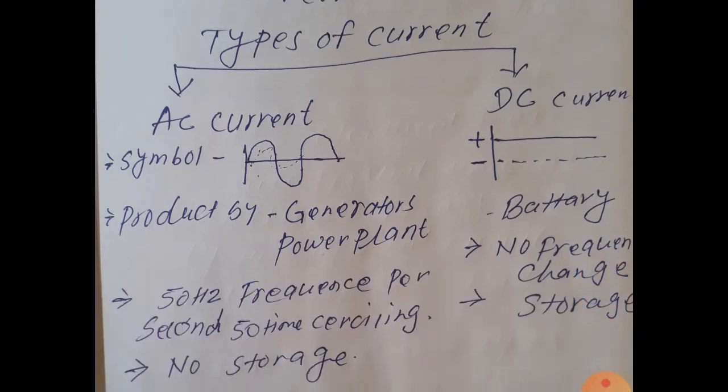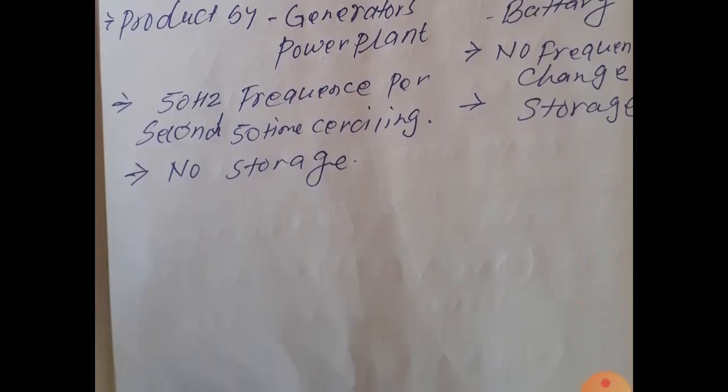AC current cannot be stored, but DC current can be stored. And AC current we can carry over long distances through transmission lines, but DC current we cannot carry long distances. AC current we can use in domestic, industrial, and big buildings, but DC current we cannot use the same way.